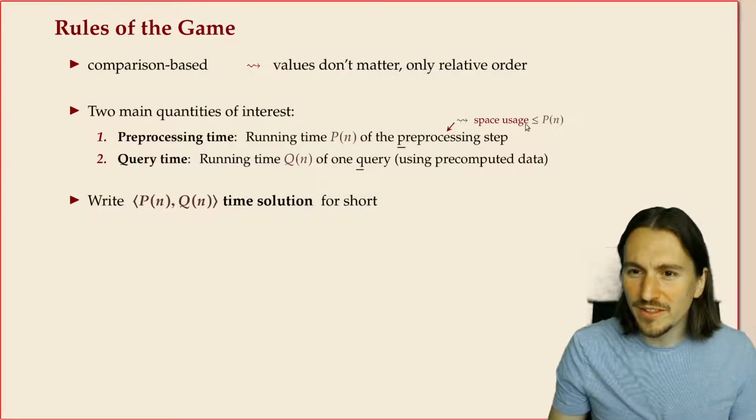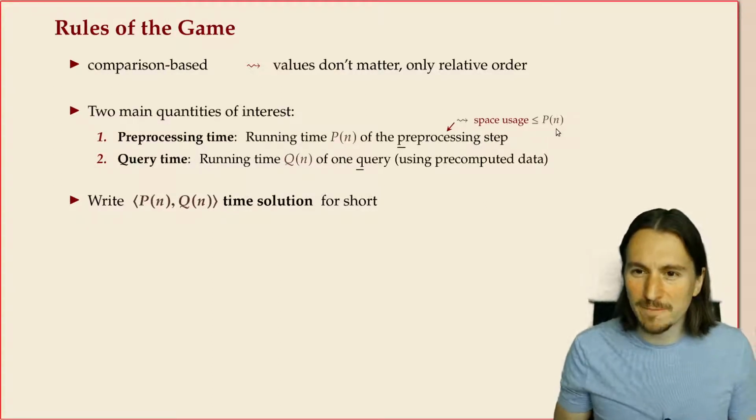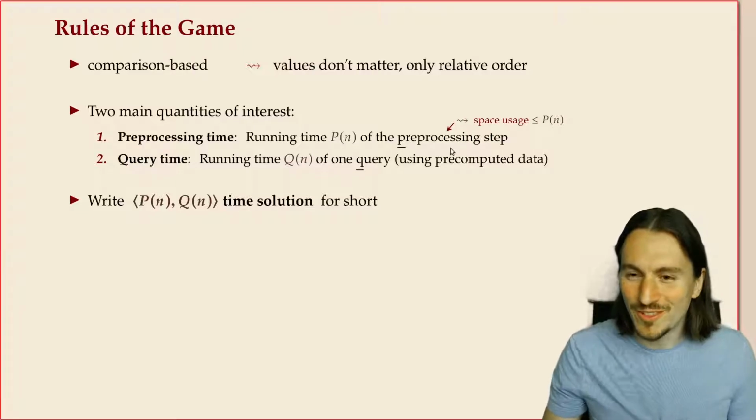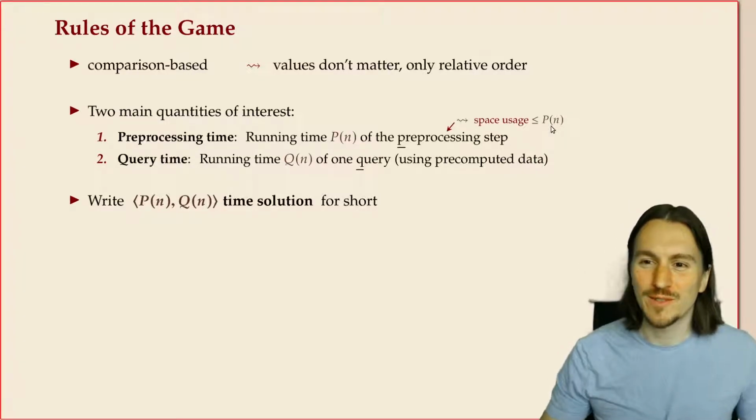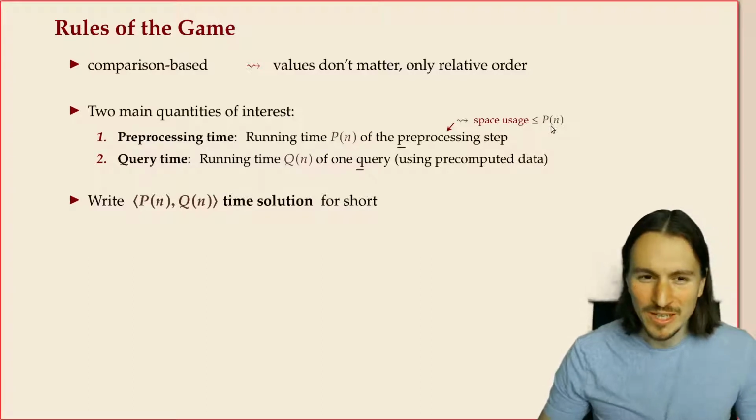A nice result here, first let me state what it says. If the pre-processing time is at most P of n, that also means the space usage of the data structure is at most P of n.